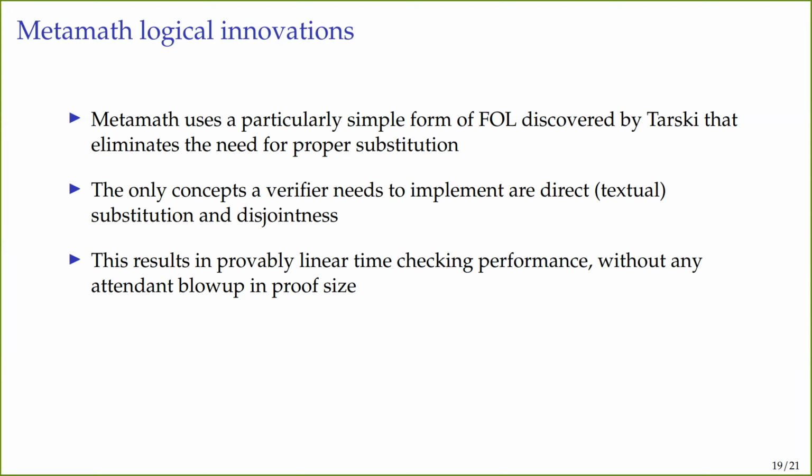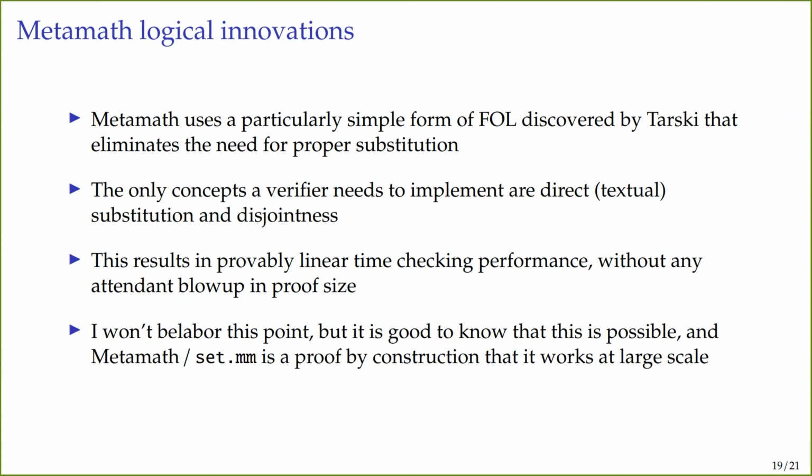Whereas dependent type theory has an asymptotic complexity something like the proof theoretic ordinal of dependent type theory, which is some absolutely gigantic countable ordinal, somewhere up in the fast growing hierarchy. It's really bad. So it's good to know that this is possible, and Metamath and set.mm is a proof by construction that this actually does work at a large scale.